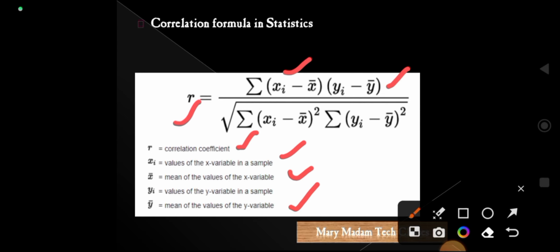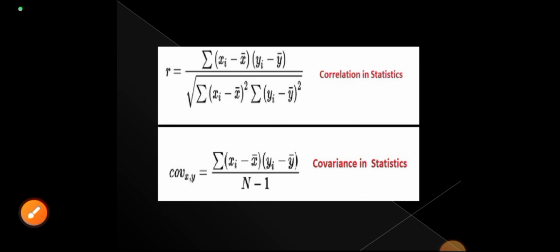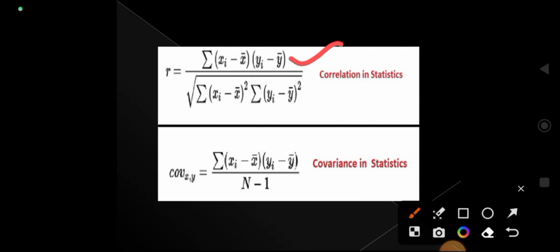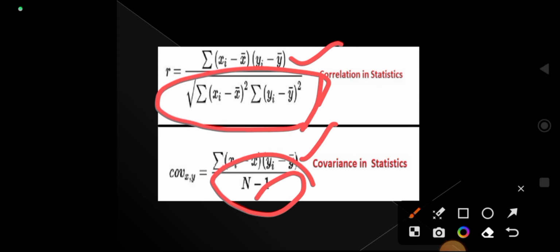And here, if we observe covariance and correlation, what is the difference? If you observe, both are the same, but the values are somewhat different. Here n minus 1 is the number of elements, len of xs minus 1.